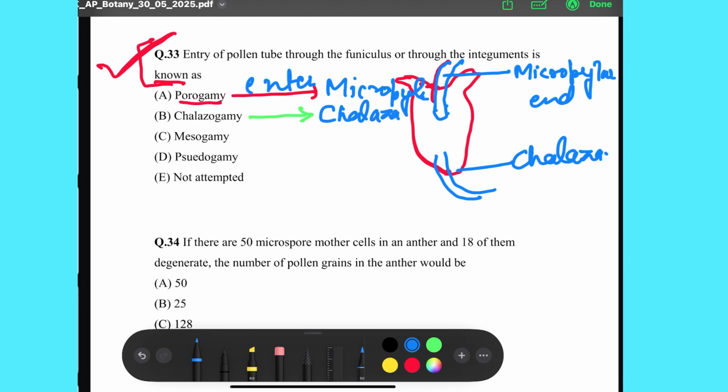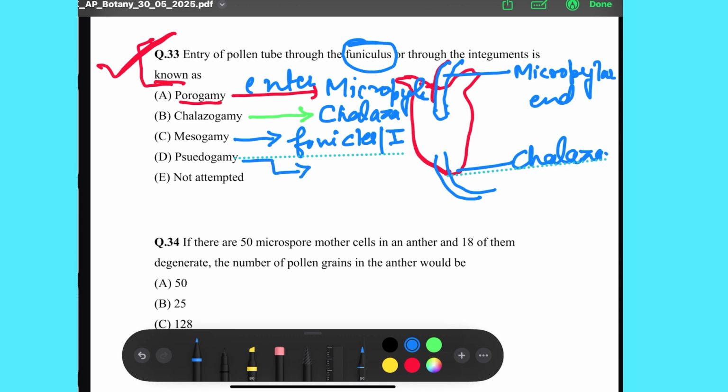and through the micropyle. Now the next is mesogamy. When the pollen tube enters through the funicle or integument, we call it mesogamy.